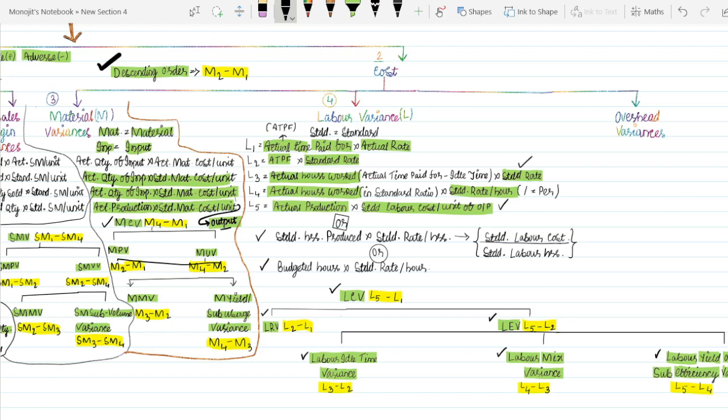L4 is actual hours worked in standard ratio into standard rate per hour, and L5 is actual production into standard labor cost per unit of output, or standard hours produced into standard rate per hour.